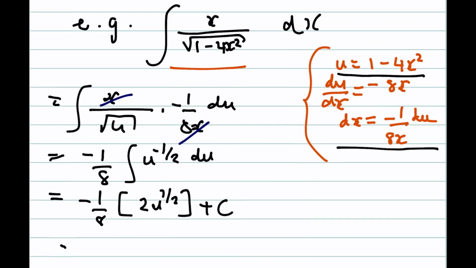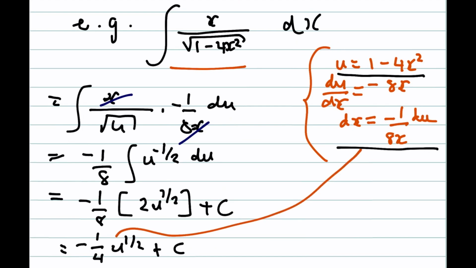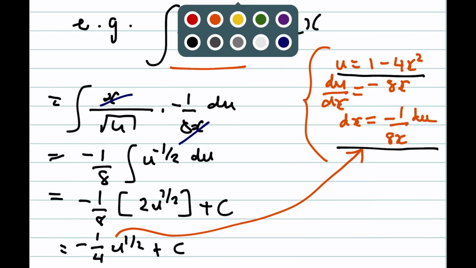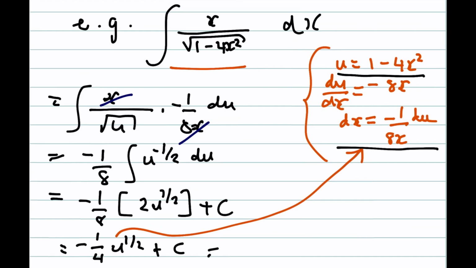Well, now we can write this as minus 1 over 4 u to the half plus c. And the only thing left to do is to substitute this u back in terms of x. So our final answer is going to be equal to minus 1 over 4 times 1 minus 4x squared to the half plus c.